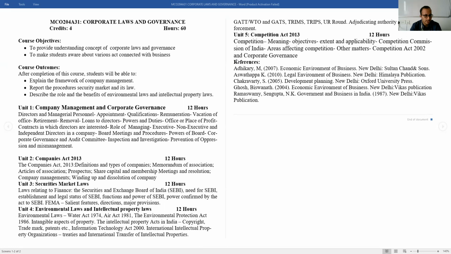Then moving on to the second unit, it is completely about the Companies Act 2013. As you know, earlier we were following the Companies Act of 1956, which was outdated. So the government introduced the Companies Act in the year 2013, after a series of discussions.